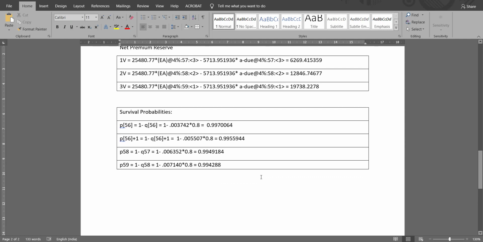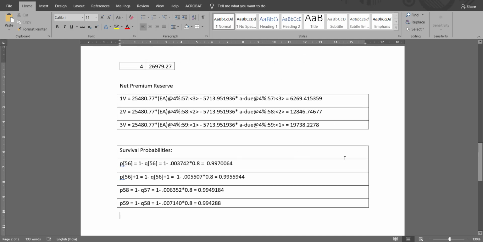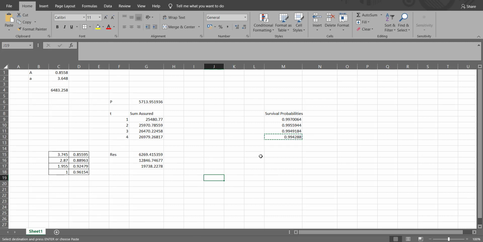Now cost of reserve. In terms of cost of reserve, you know your reserve amounts. So you just need to make the cost of reserve table and do things, right? That will be done in Excel only. So let me just go for cost of reserve, and you have got your years. So you have your year 1, 2, 3 and 4, and you have your reserve at the start.